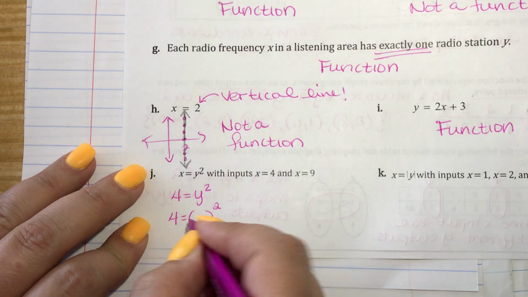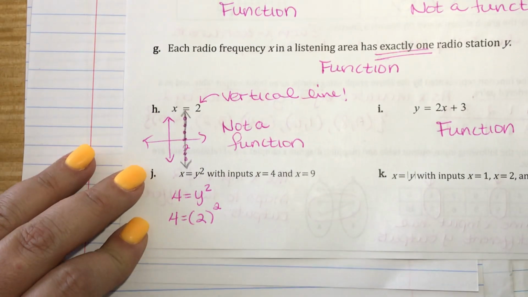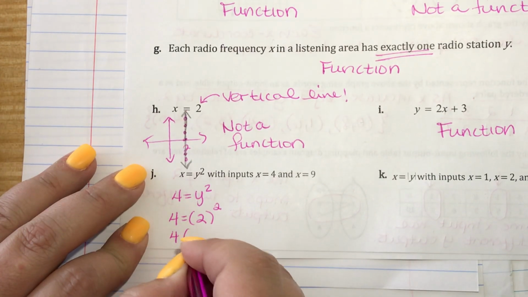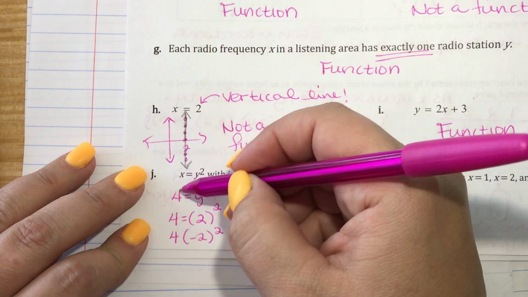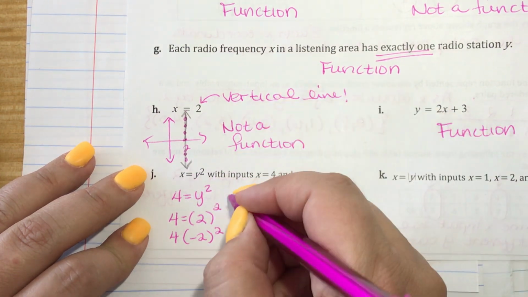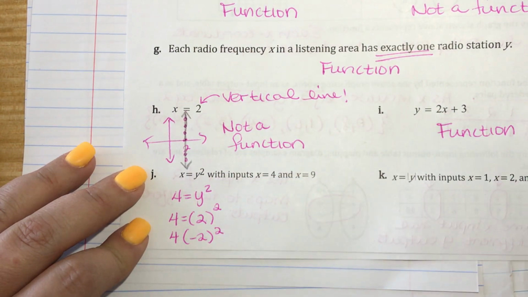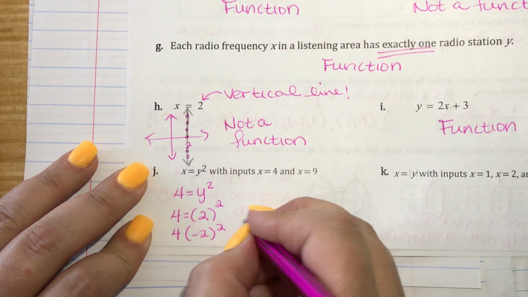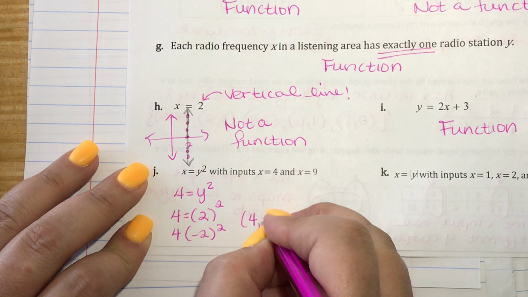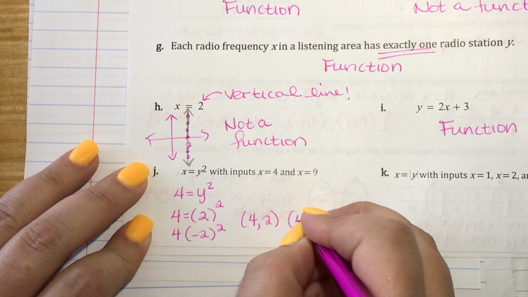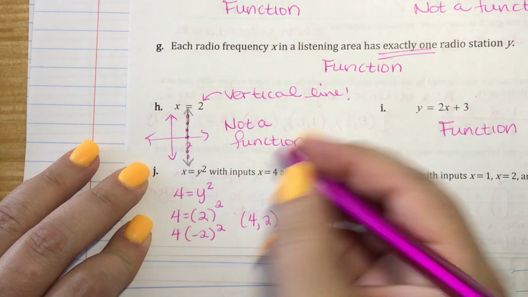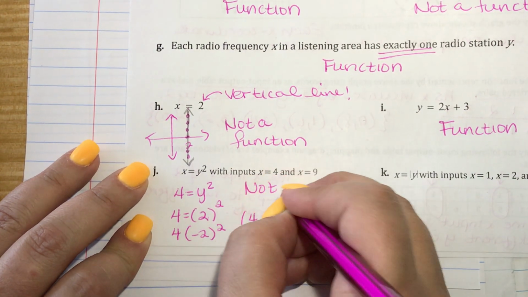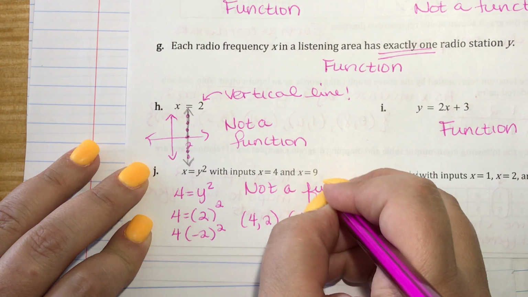Okay, well, we know that 2 squared gives us 4, but hold up, we also know that negative 2 squared gives us 4 also. So for this value of 4, we have 2 different y outputs. They both work, okay? And that means this is not a function because there's an ordered pair here at 4, 2, and there would be an ordered pair here at 4, negative 2 also. So that's enough information for us to say, hey, you know what? This is not a function.